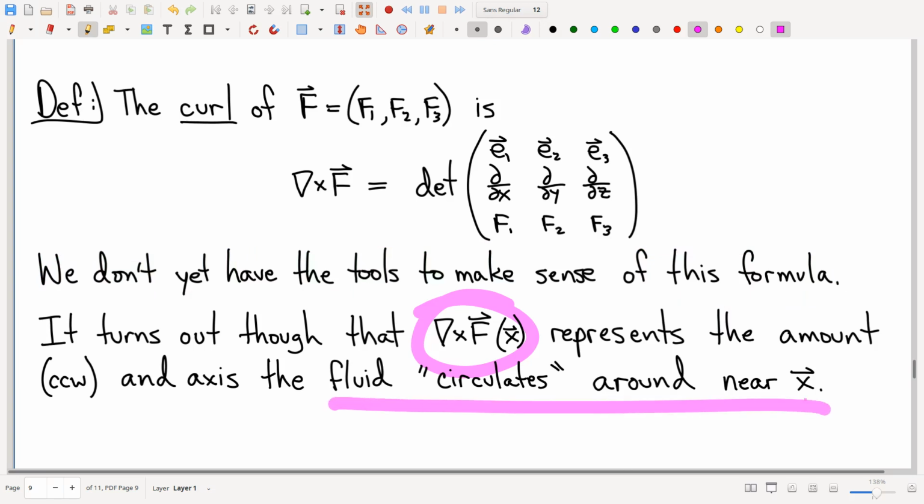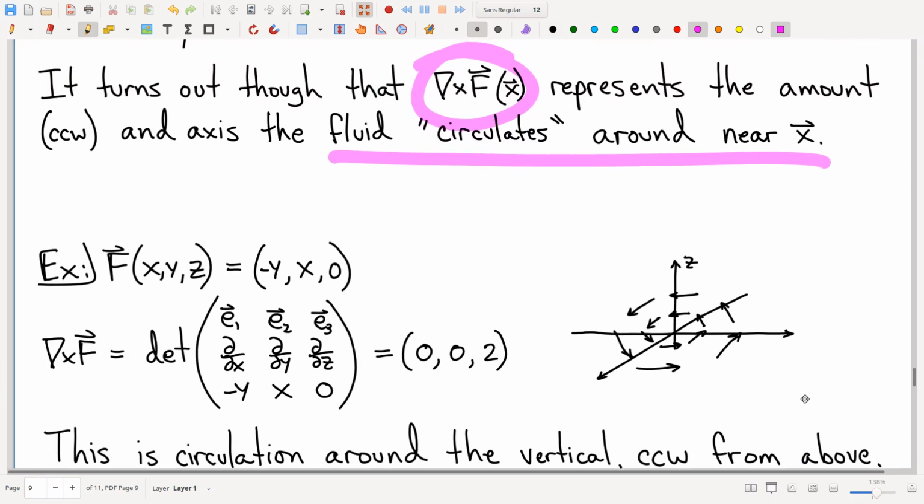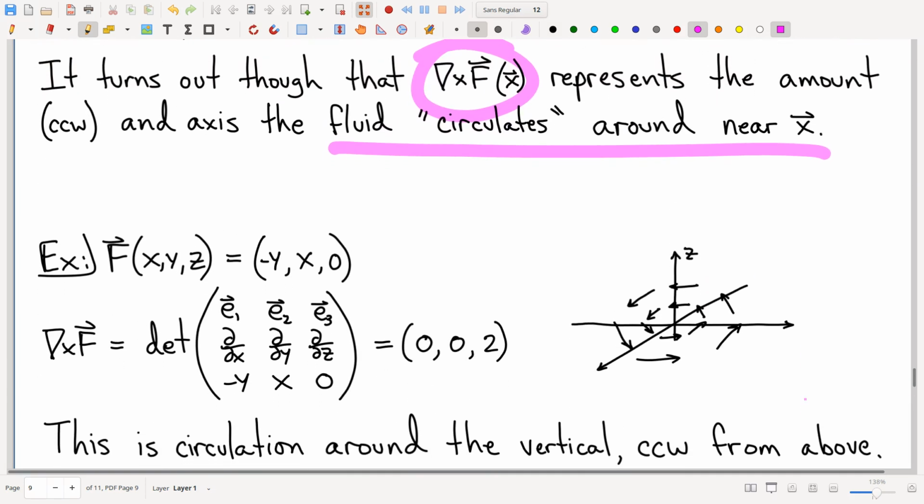I'm going to do some hand waving and some flexible language here. That's not really quite right, but I'm going to fix that in just a minute. But roughly speaking, curl represents the extent to which a fluid is circulating, kind of like in this picture here.